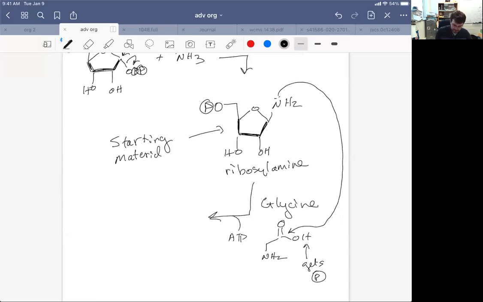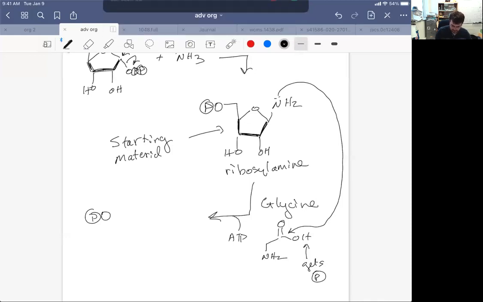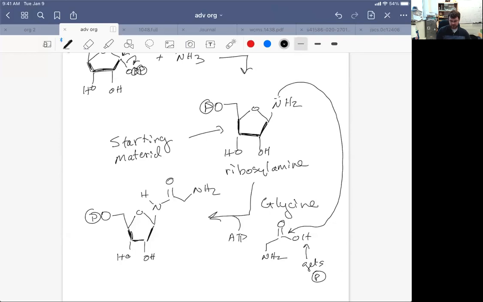That's going to be a nice reaction to talk about during the amino acid section, so I'm just going to hold off on the mechanistic detail there. And it's at this point where it starts to get a little bit more practical to talk about everything happening and just abbreviating the ribose.